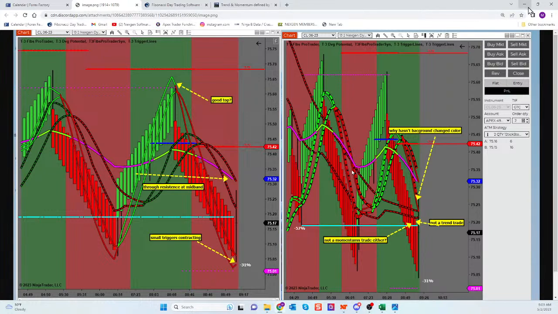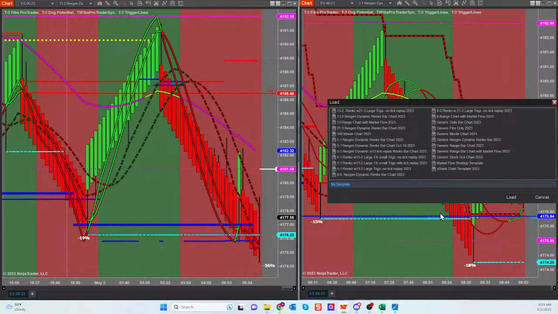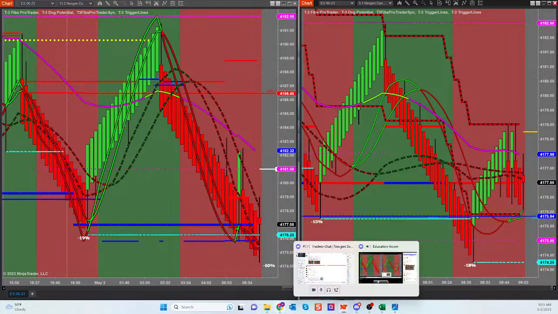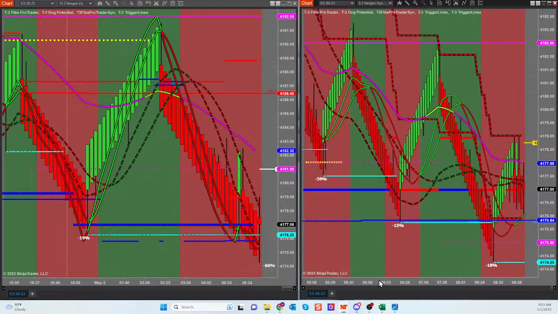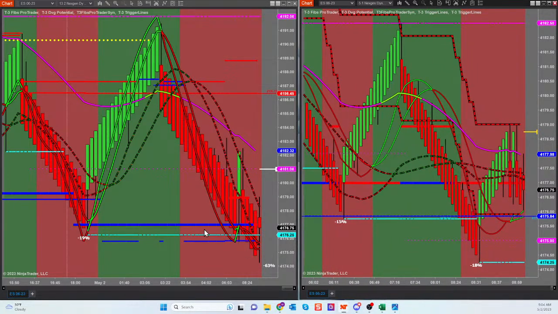So David, right click and go to templates and load in that 5-1 Nexgen Dynamic Renko bar 2023. Or if you want it with the small triggers, Alex, good eye on that one. It was similar, but not quite. And now they're coming down into that key area looking to put a fight up.